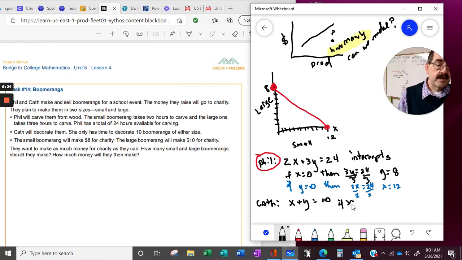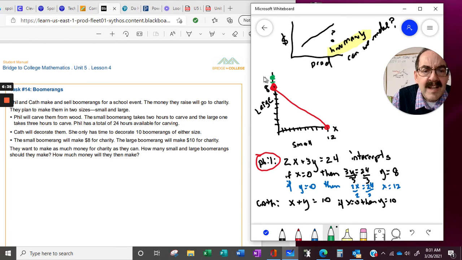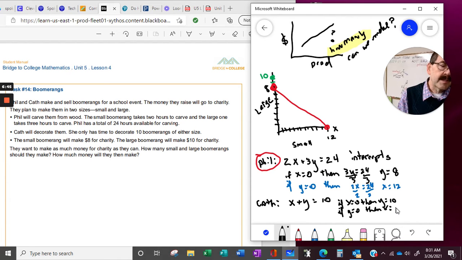If x equals 0, then y is 10. Grab a green. y is 10. If y equals 0, then x equals 10.